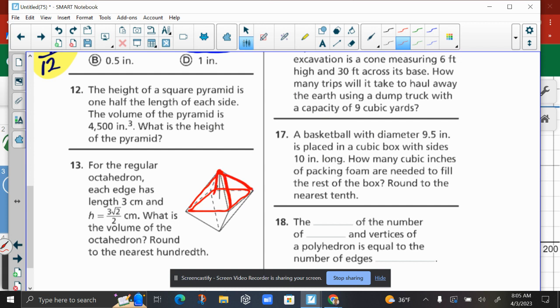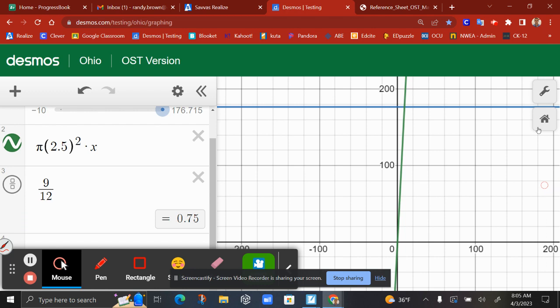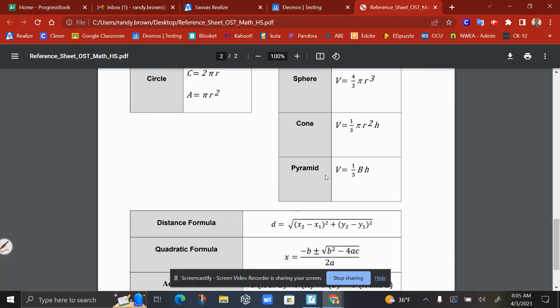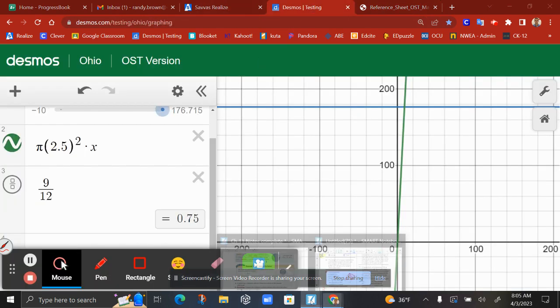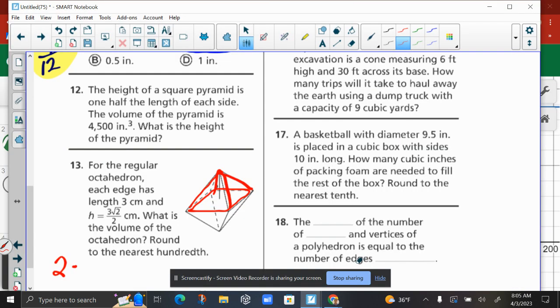So I'm doing 2 times the pyramid formula. Let's just make sure we all remember it. A pyramid goes up to a point: 1/3 big B H. And 1/3 big B, remember big B is length times width, and then times H.